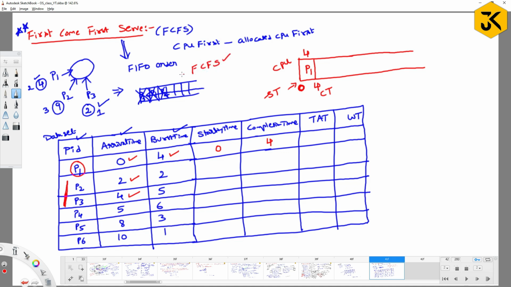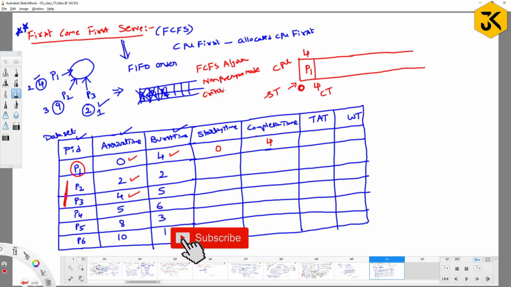Here we are using the FCFS algorithm in non-preemptive mode, and the criteria will be the arrival times, right?